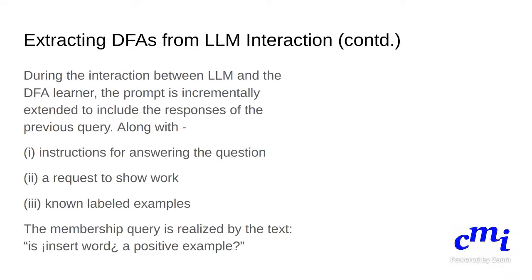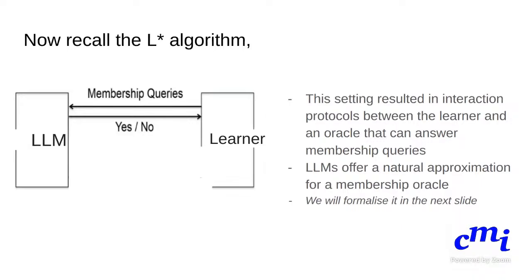I do not have it here, but it's in a later slide. What you do is feed the LLM a bunch of positive and negative examples. Along with that, you also feed the LLM the natural language prompt, or the given rules that we want our automata to follow.